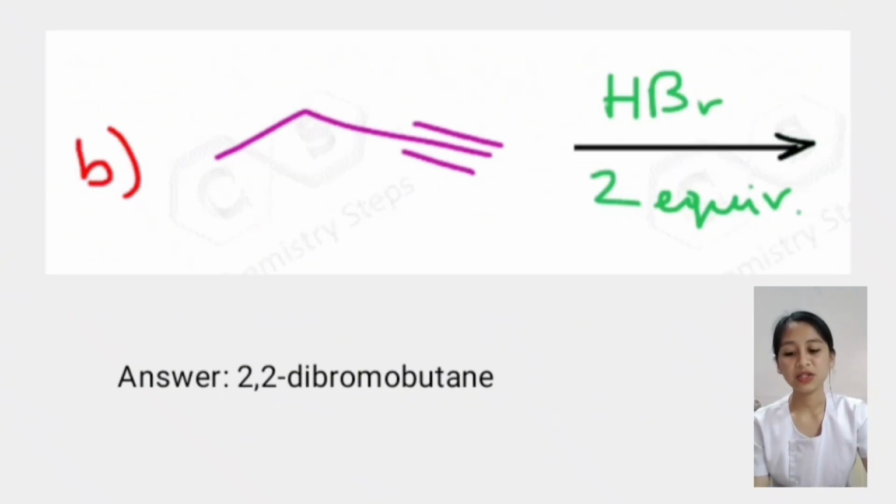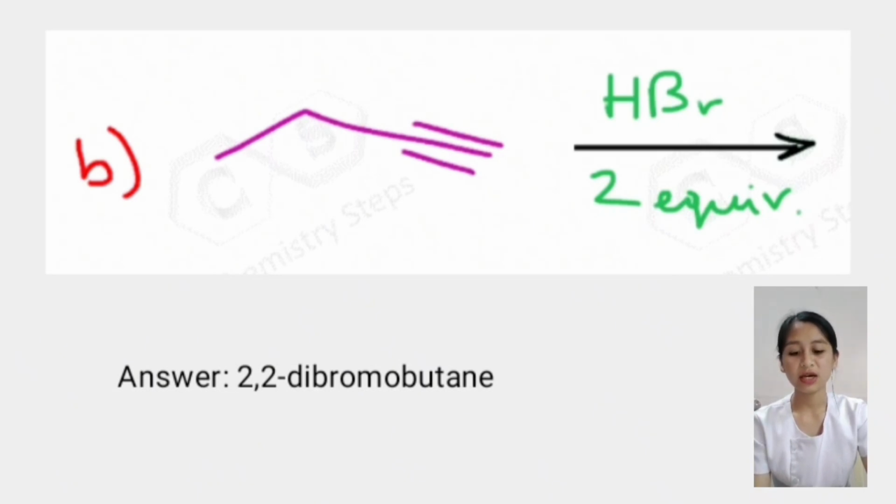Next, this reaction involves the addition of two equivalents of HBr to one butyne. The first equivalent adds according to Markovnikov's rule, yielding 2-bromobut-2-ene, as in part A. However, since two equivalents of HBr are present, a second addition occurs.